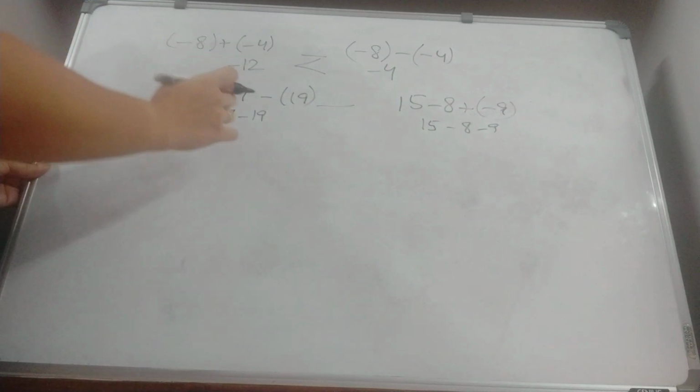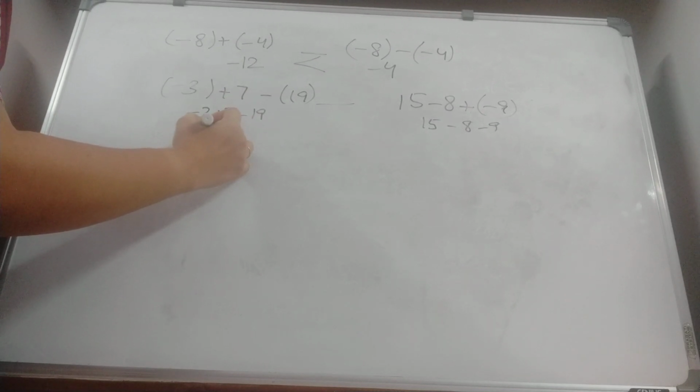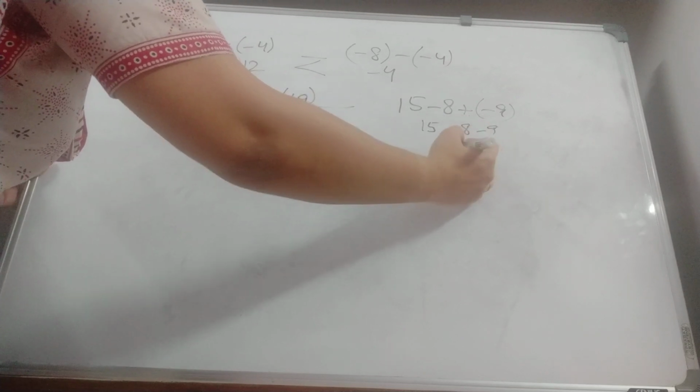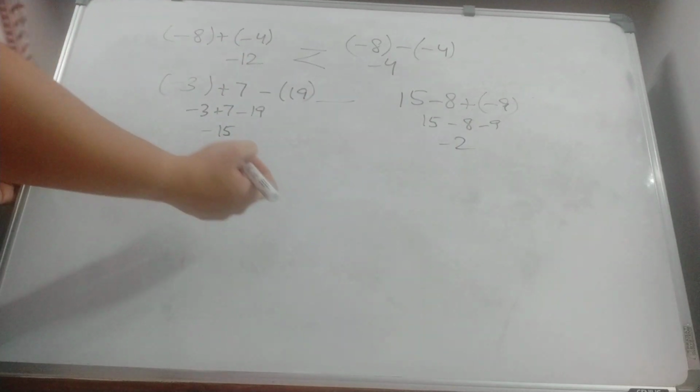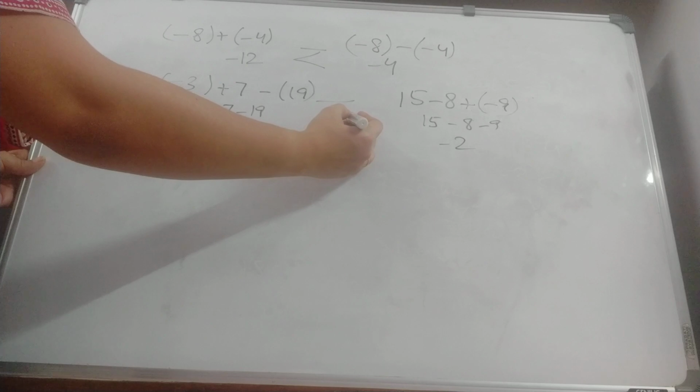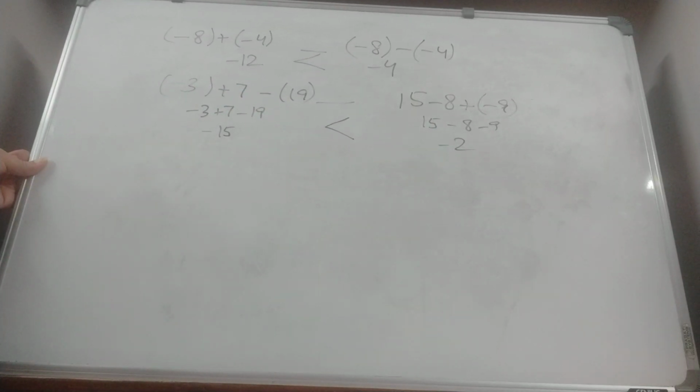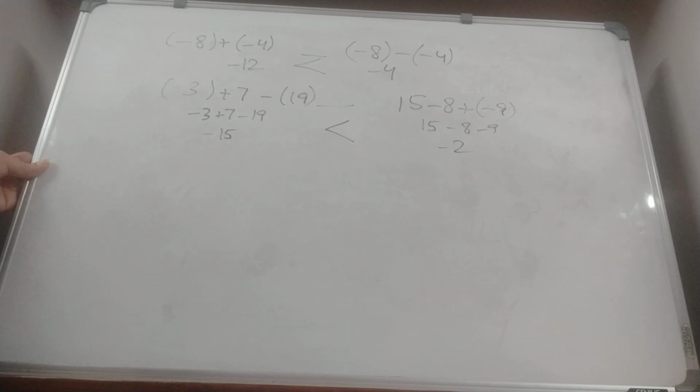Now when you solve it, this becomes minus 15 and this becomes, solve and see for yourself, and then obviously the sign would be again minus 2 will be greater than minus 15. Okay, so these are simple. The answers must be given at the back also.